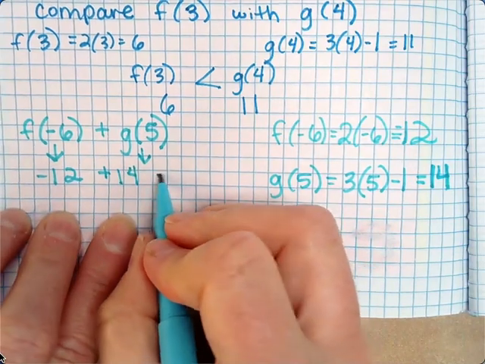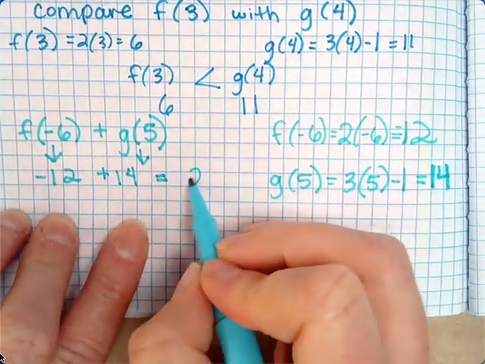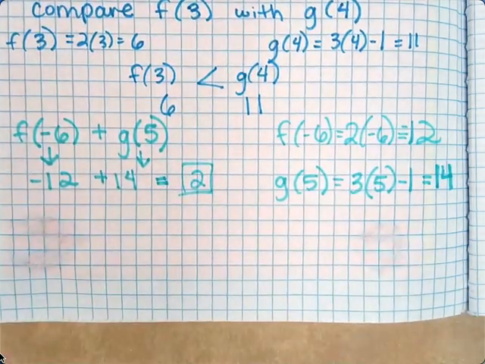So negative 12 plus 14, what does that equal? 2. Yep, just equals 2.